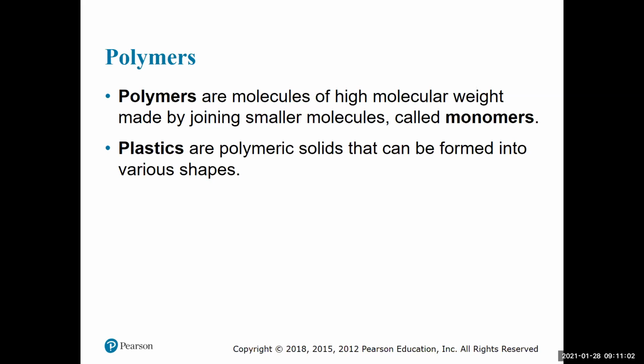They are made by joining small molecules together, and that tends to repeat over and over and over. Those small molecules that are joined together are called the monomers. And as I said before, plastics are the most common kind of polymer that people think of.